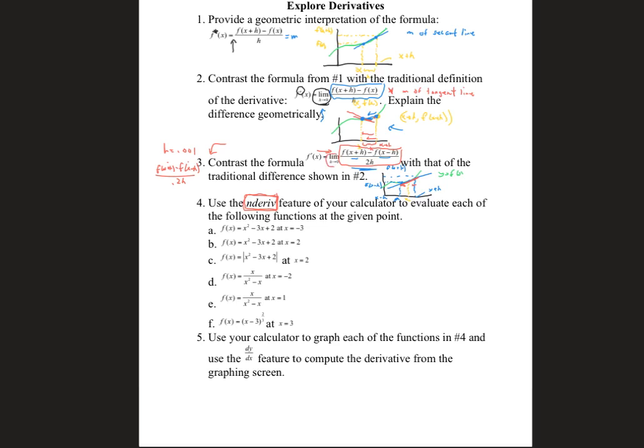Remember, this one is using the limit, which is going to be a true derivative. This one that our calculator does is only an approximation, but usually a very good one. The problem is it never tries to evaluate the function at that point where we are trying to find the tangent line. And that can be a problem sometimes, as we will see.